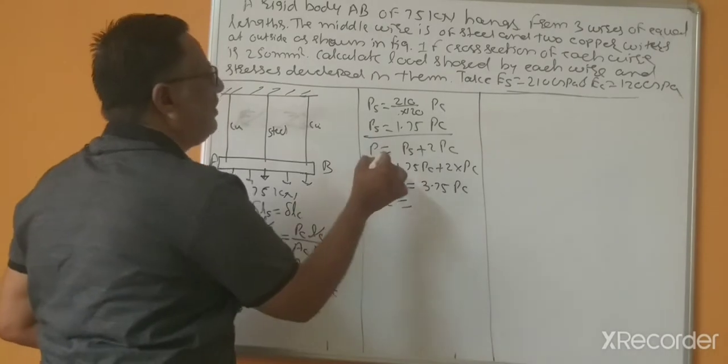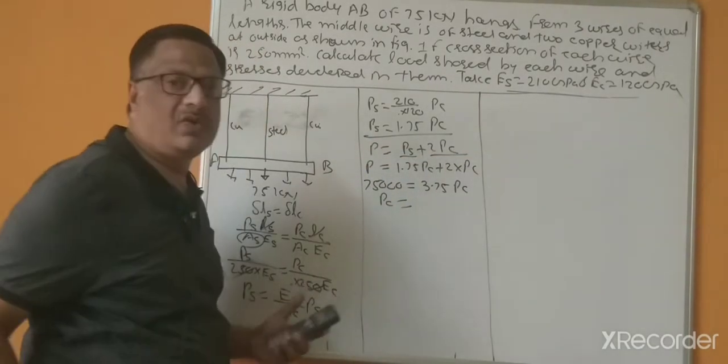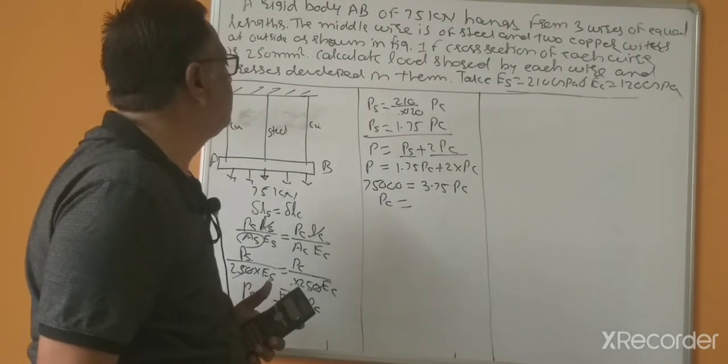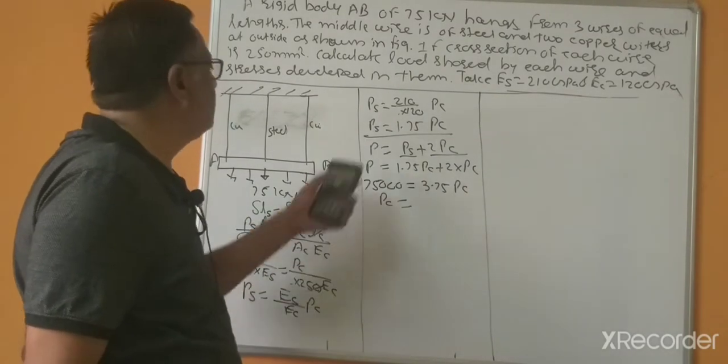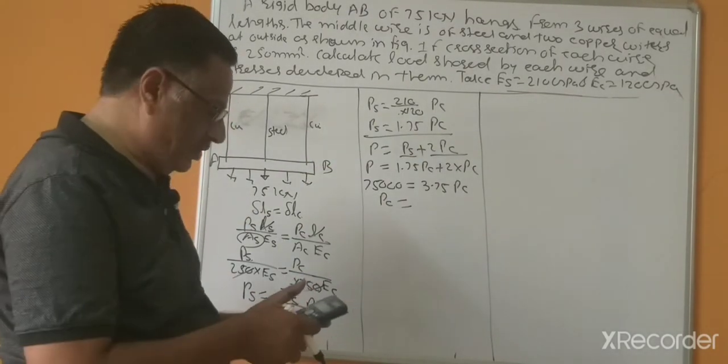Because this is load shared by the steel wires and load shared by the copper wires, because two copper wires. And this is the relation that depends on the Young's modulus.